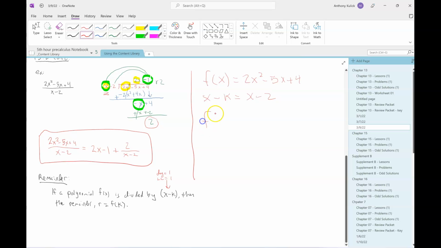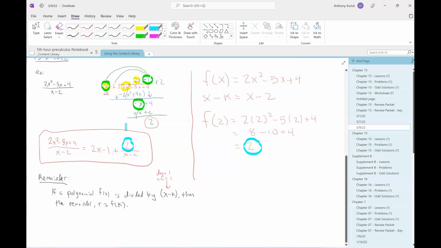So if we do f of 2, that means we plug 2 in for x. So what happens when we do that? We get 8 minus 10 plus 4. That is 2. So what we're seeing is that f of 2 gave me the remainder, or f of k is giving me the remainder. Is everybody okay with that?